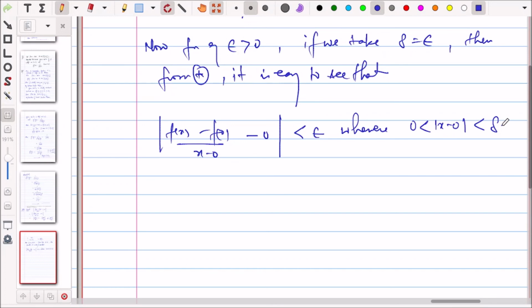right? So fx minus f0 upon x minus 0 is less than epsilon whenever x minus 0 is less than delta.